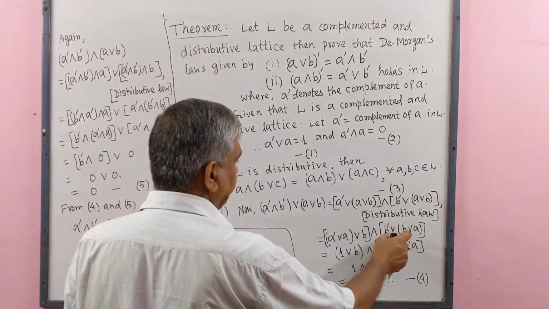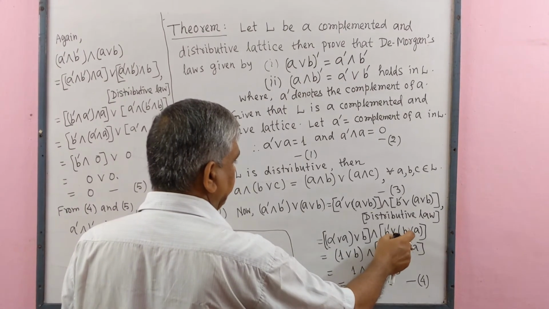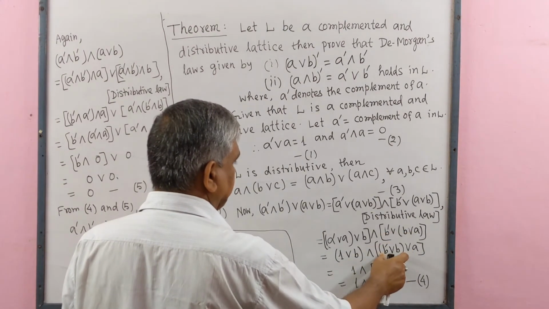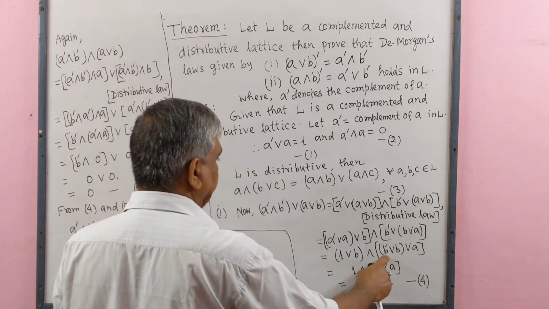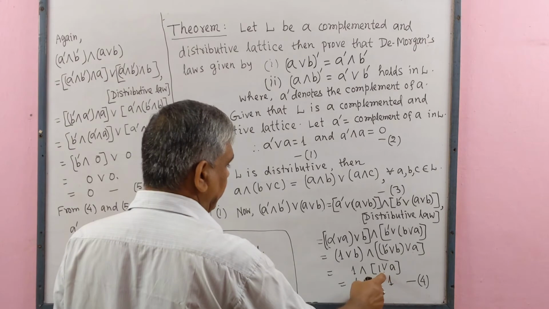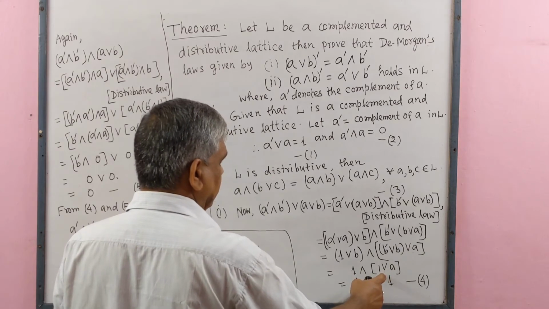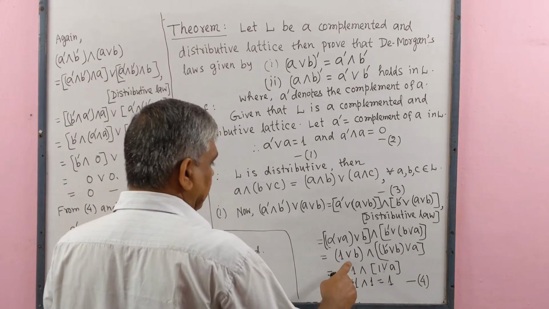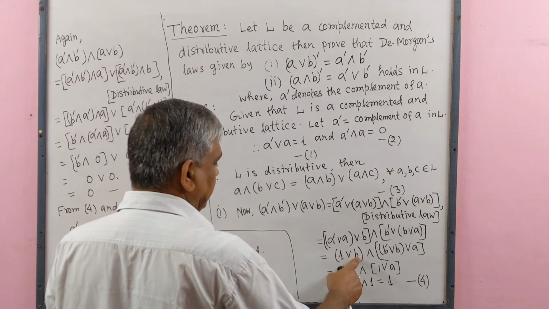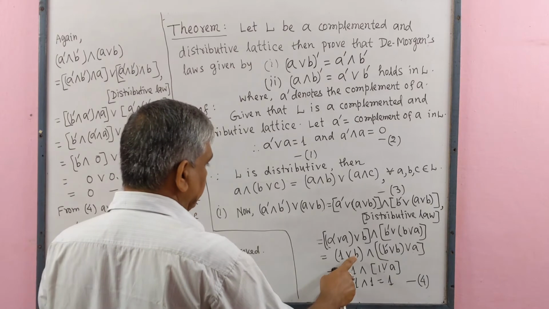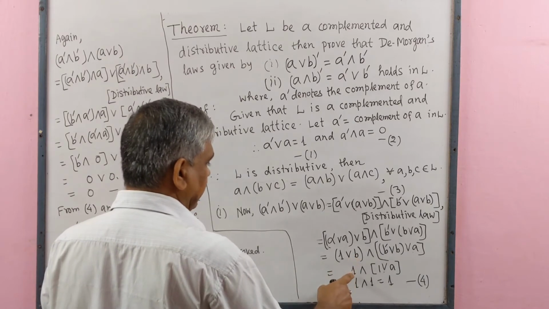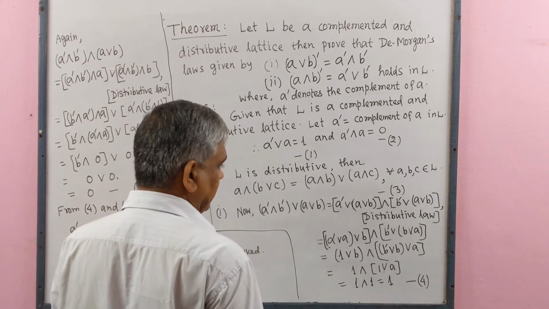And here we have used the associative law. B prime join B in a bracket, join A. Here B prime join B equals 1, and here 1 join B is 1, since in join we take the greater element, that is 1.